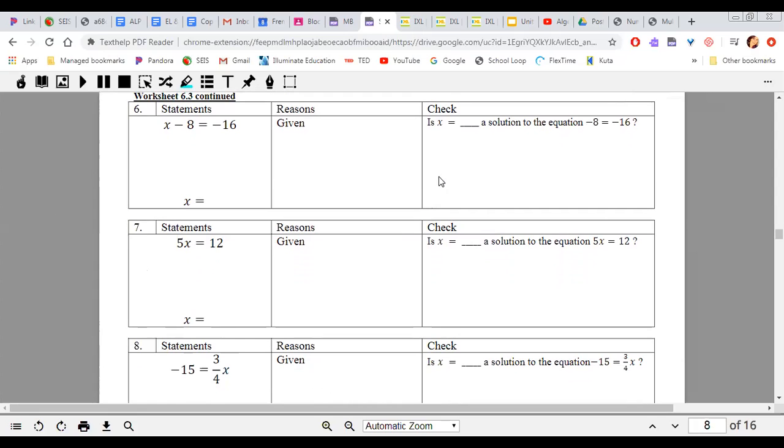Okay, and if I forgot to mention it, when we have our evaluation or our test, it's going to be a problem just like this, where we have to solve it, and we have to write our reasons, APOE, SPOE, MPOE, DPOE, and then we have to be able to check our work. That's going back to our learning targets.